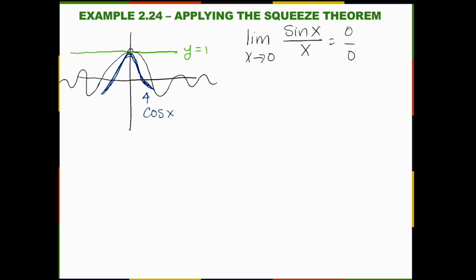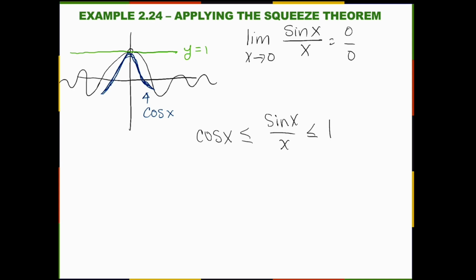Now, if you had that on your graphing calculator and you zoomed in, you'll see right around where x is equal to 0, you'll see that sine x over x is squeezed between 1 and cosine of x. So I can say that cosine x is less than or equal to sine x over x, which is less than or equal to 1, because it's squeezed in there.